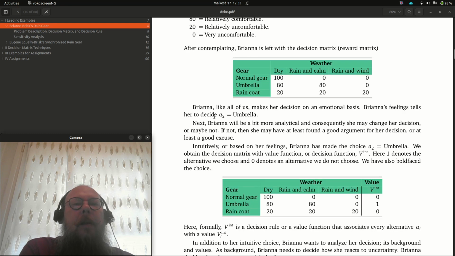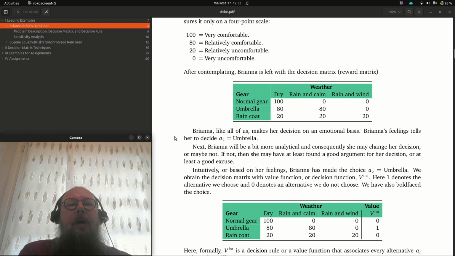But next, Brianna will be a bit more analytical, and she tries to analyze what her choice would be, and then check whether this is the same as the emotional or intuitive choice.